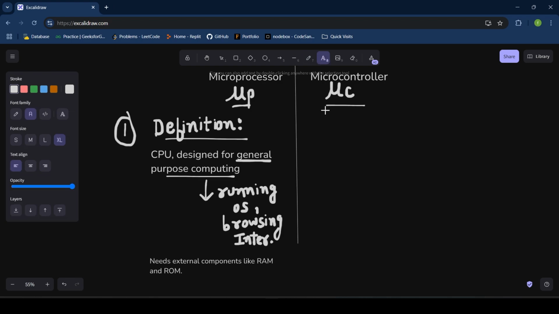Whereas on the other hand, microcontroller means simply a compact single chip with a CPU, RAM, ROM integrated on it, and it is designed for specific tasks.